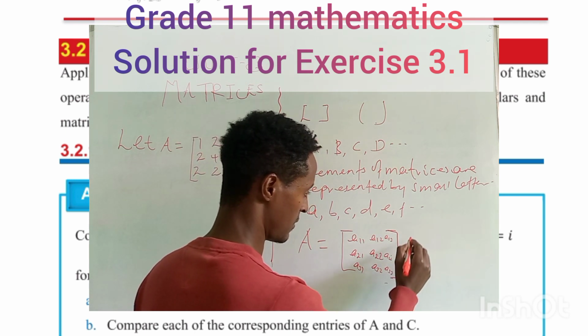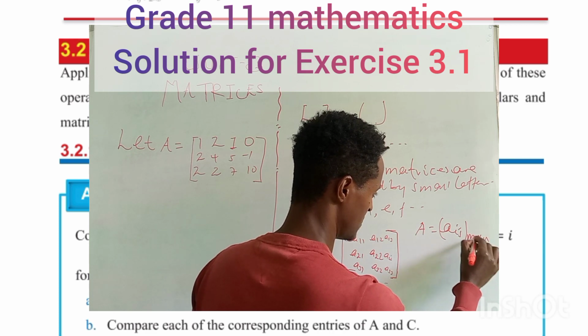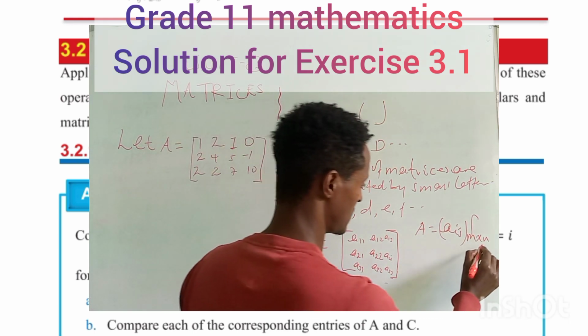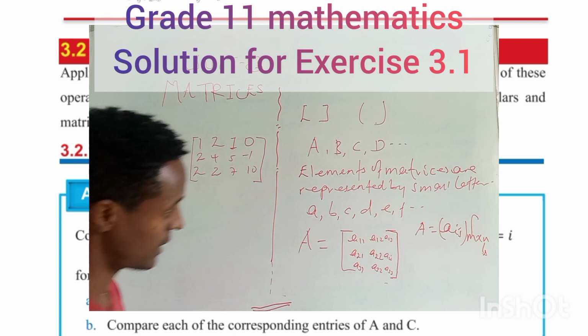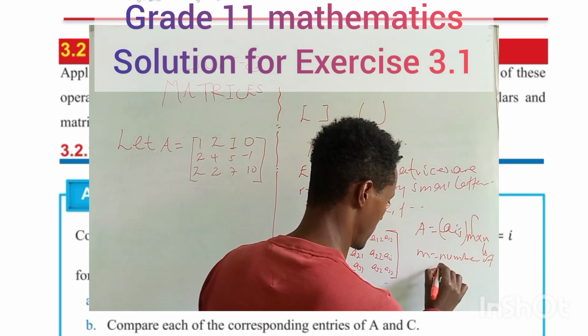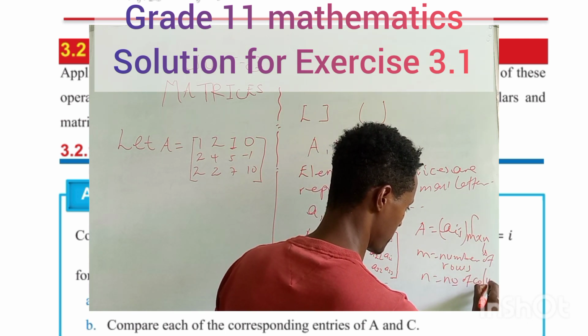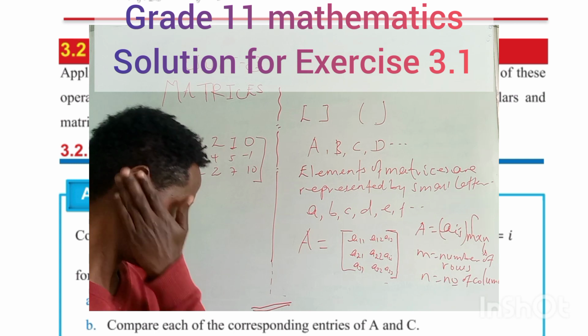For any matrix A, in this shorthand way of writing, M stands for the number of rows, whereas N stands for the number of columns.